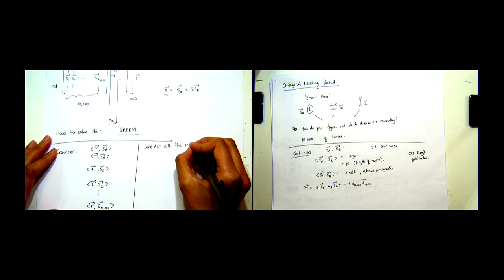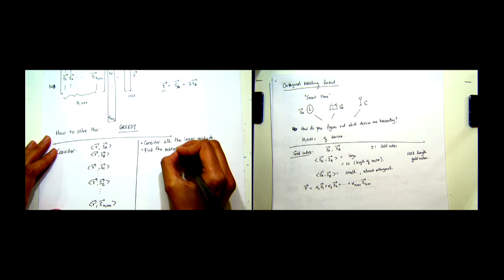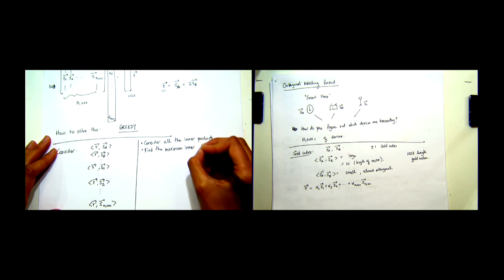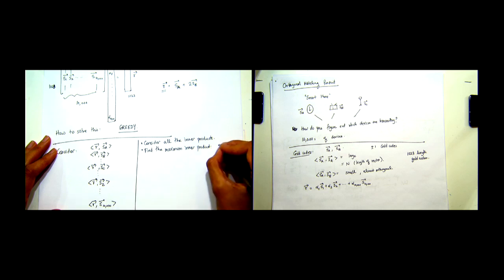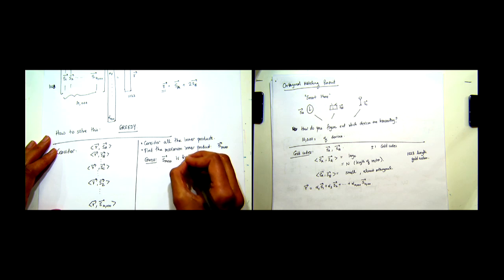So let's consider all the inner products and find the maximum inner product. Let's say the maximum is with some signal S max. We say, okay, our guess is that S max is transmitting.